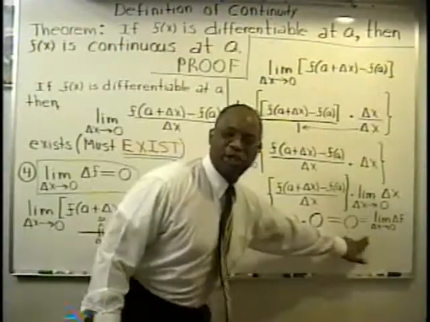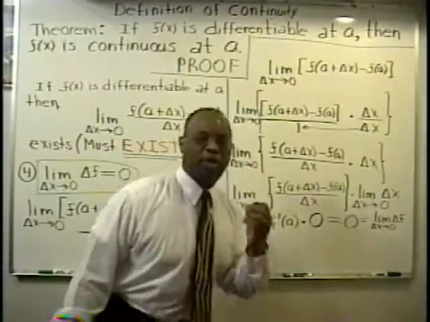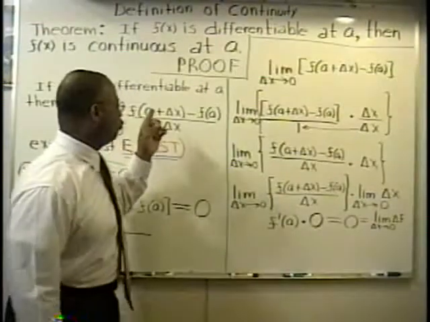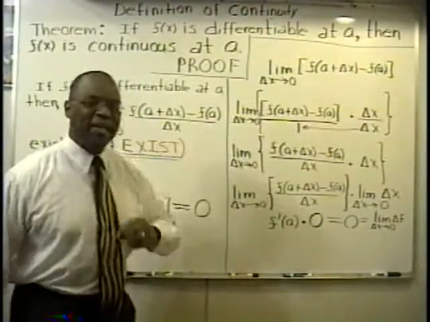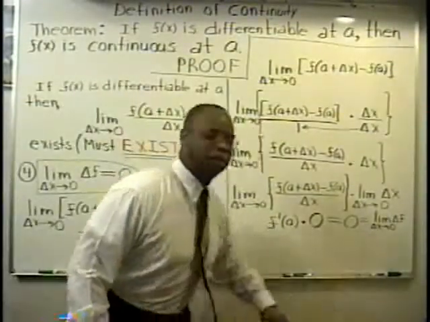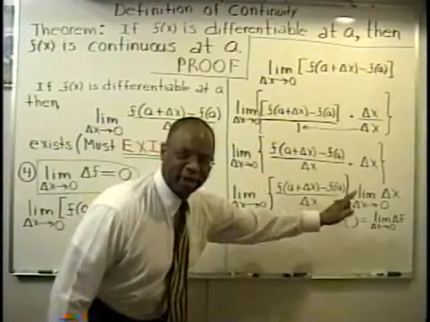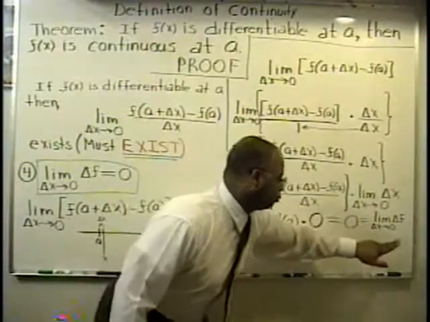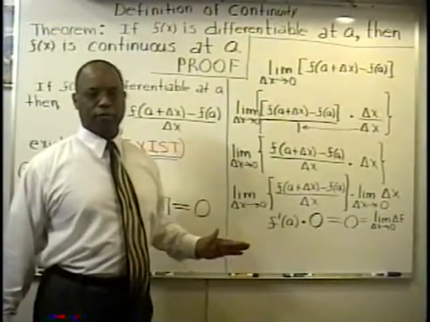And that, ladies and gentlemen, is the definition of continuity. So we used the definition of continuity to prove that if this function is differentiable at that point, by the definition of continuity, it is equal to 0. We just showed that the limit, again, of delta f as delta x approaches 0 is equal to 0. That is what we have just shown.